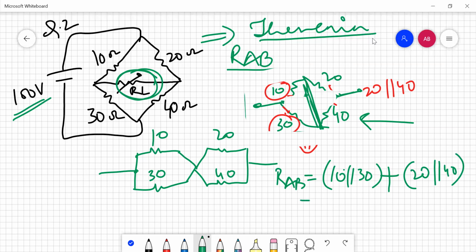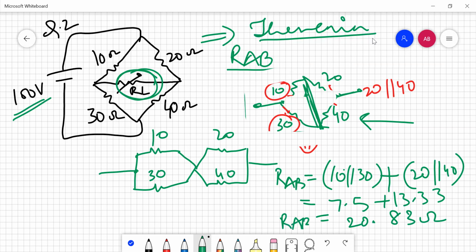That gives me the value of 7.5 plus 13.33 equals 20.83 ohms. So this is the value of my RAB.